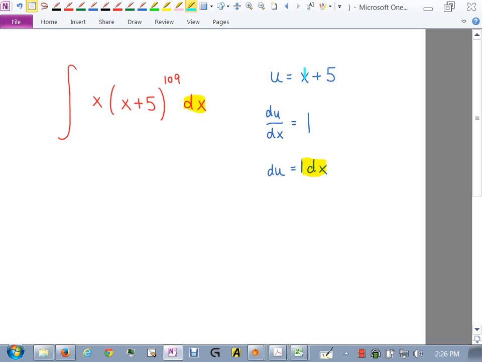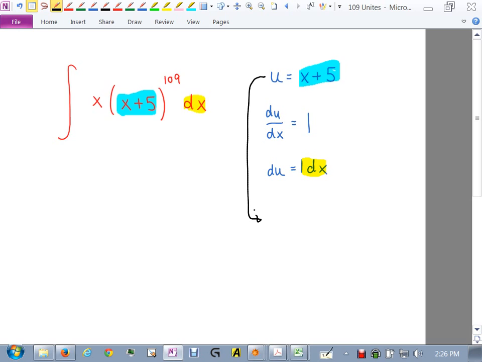I'm also going to be able to replace x plus 5 with what? u. The problem is, what do I replace x with? Drum roll. u minus 5. Because this is an equation, isn't it?